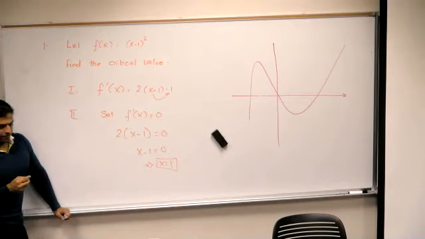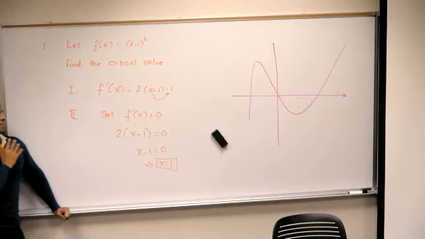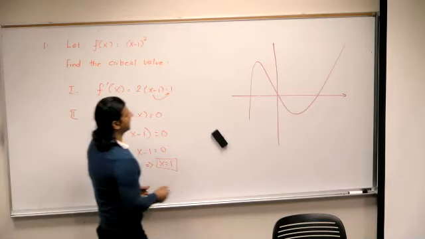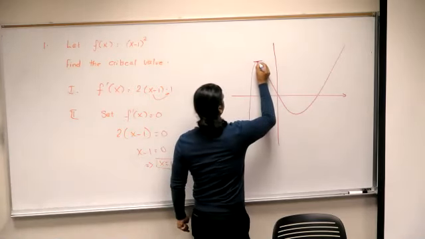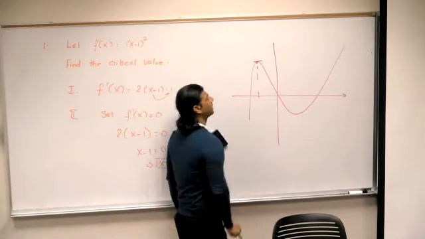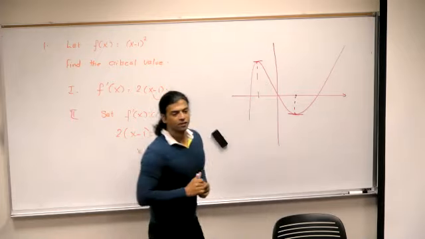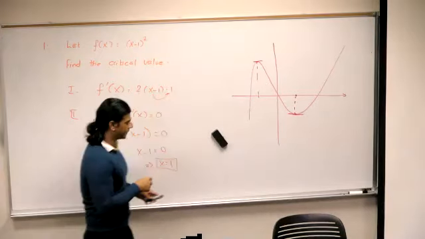When you graph it, do you think the function would have exactly one critical value? Two, because there is a point where the derivative would become zero, and another point where the derivative would become zero. So there would be two critical values.